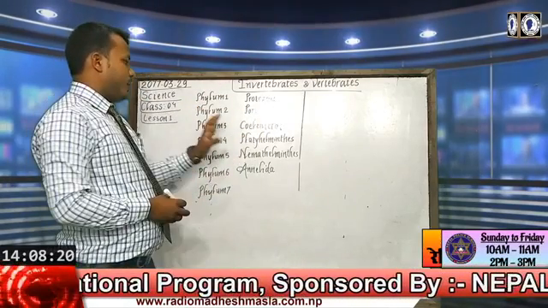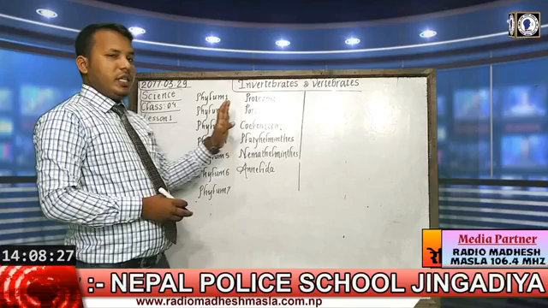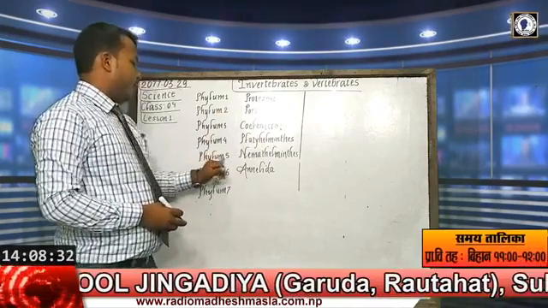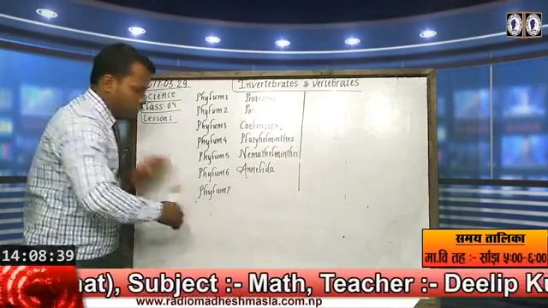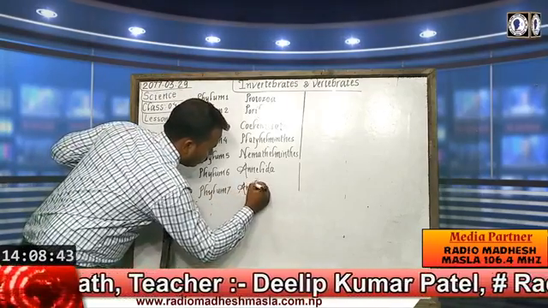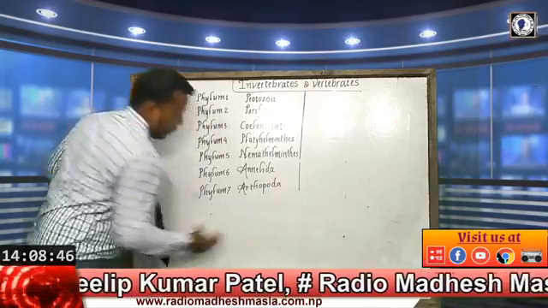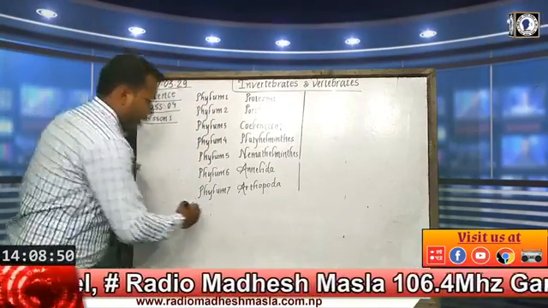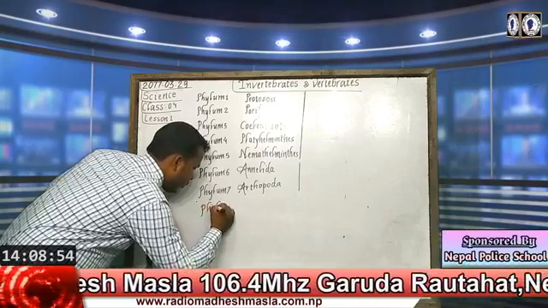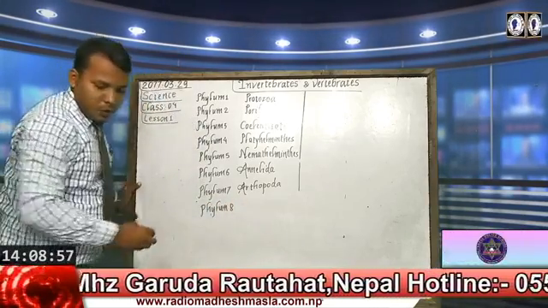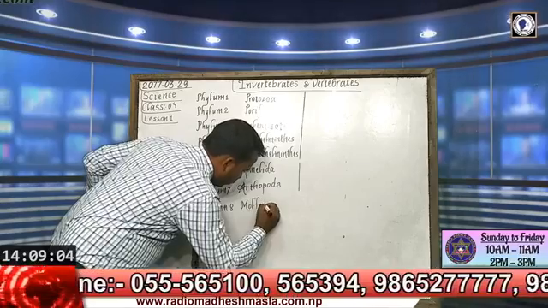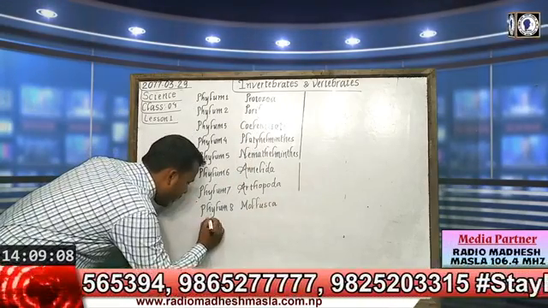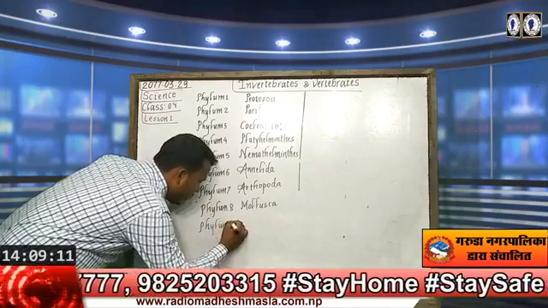They are phylum 1 Protozoa, phylum 2 Porifera, phylum 3 Coelenterata, phylum 4 Platyhelminthes, phylum 5 Nemathelminthes, phylum 6 Annelida, phylum 7 Arthropoda, phylum 8 Mollusca, and phylum 9 Echinodermata.